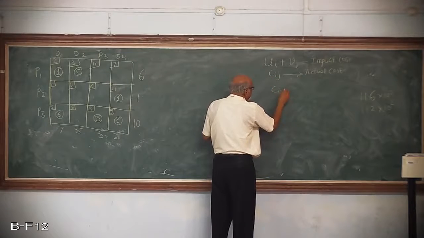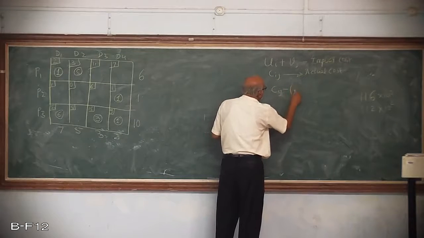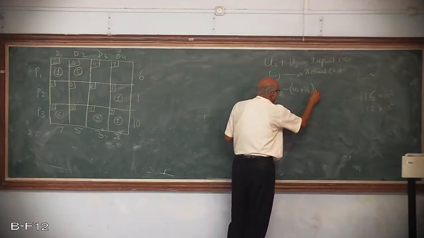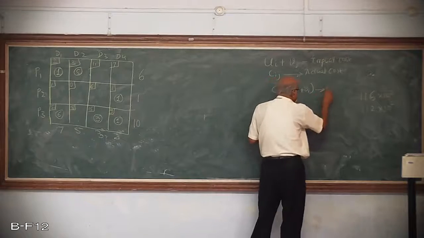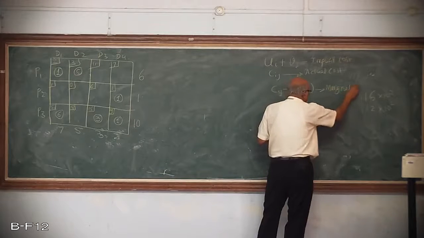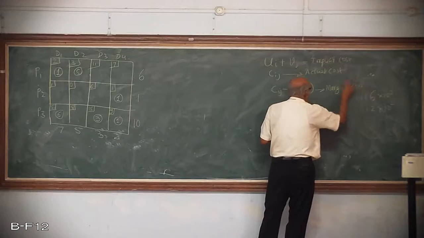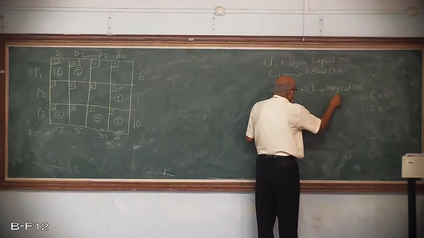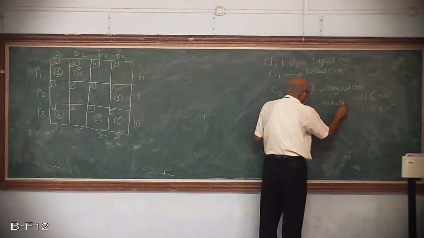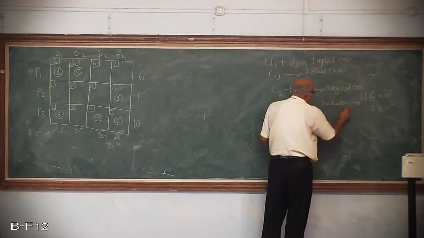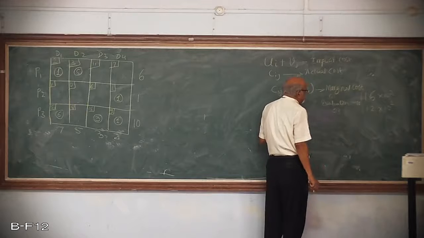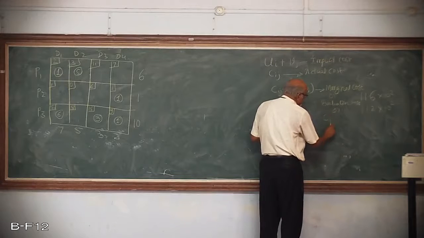Cij minus Ui plus Vj is called the marginal cost, or evaluation cost, or opportunity cost.